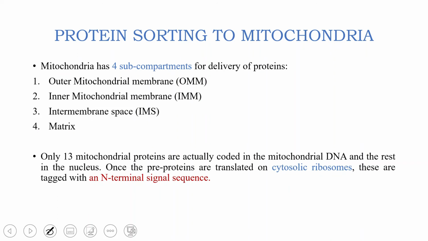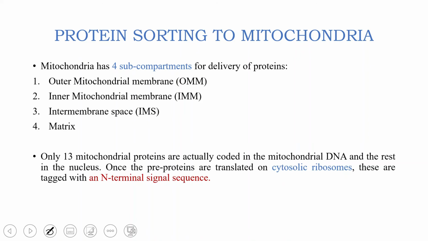Now, protein sorting to mitochondria. All the proteins which are required for the mitochondrial functions, where are they produced, how are they targeted to the mitochondria, which proteins are produced in the mitochondria, since mitochondria also has a translation machinery, we are going to study here.